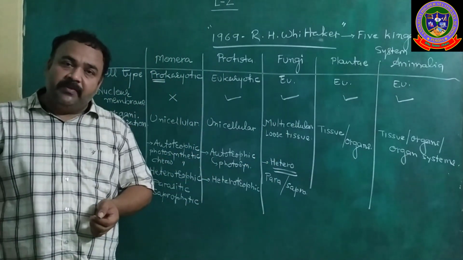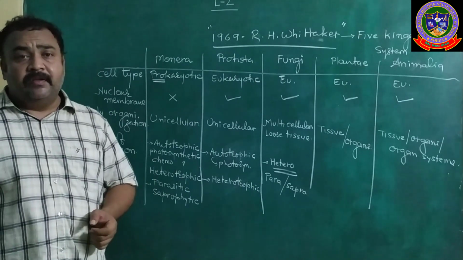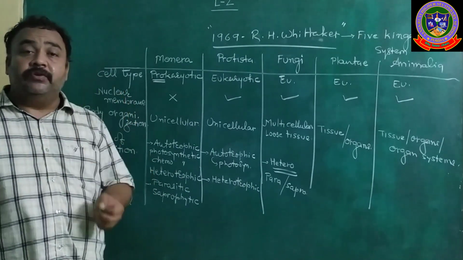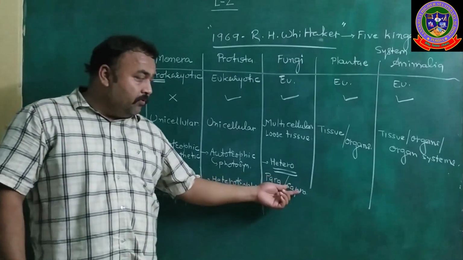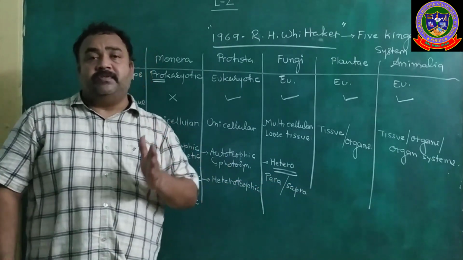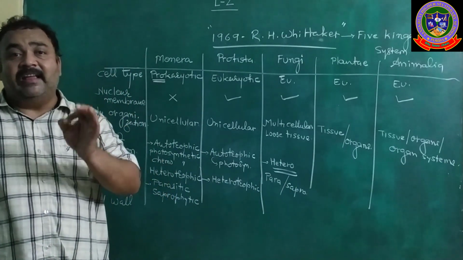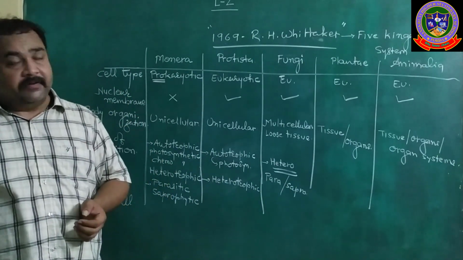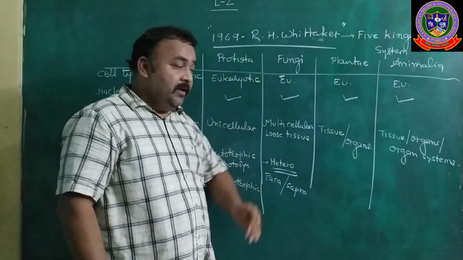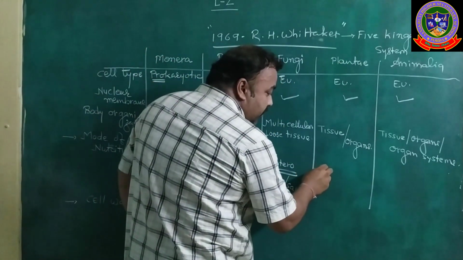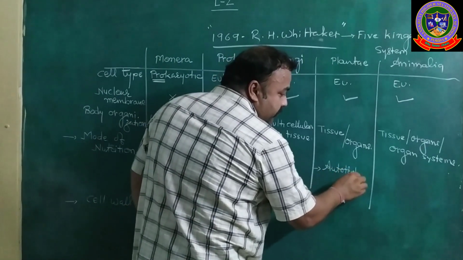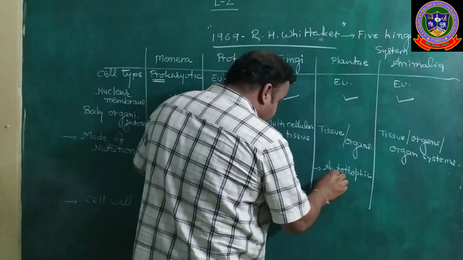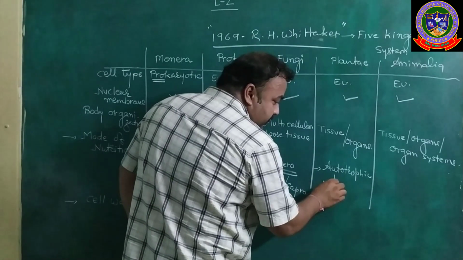Can you tell me? In parasitic, the organism obtains nutrition from another living organism. In saprophytic, the nutrition is obtained from dead and decaying organic matter. In Plantae, the mode of nutrition is only autotrophic, and that is photosynthetic.